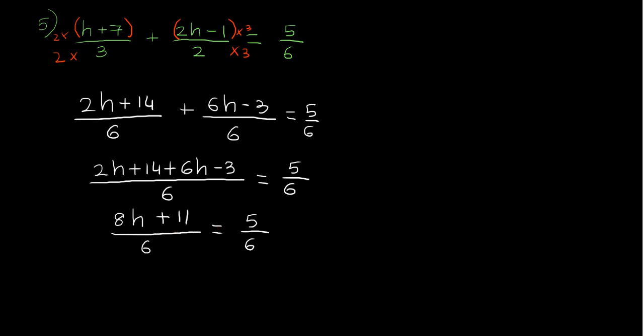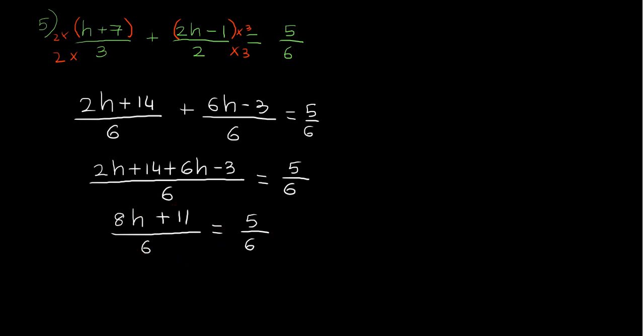Okay, when we have (8h plus 11) over 6 equals 5 over 6, I can cross multiply. The only time I can cross multiply is when I have an equation, and on the left hand side I have one fraction that is not adding or subtracting anything, no other numbers, no other fractions. On the right hand side I also have just one fraction.